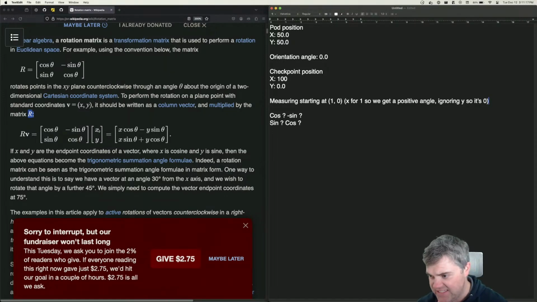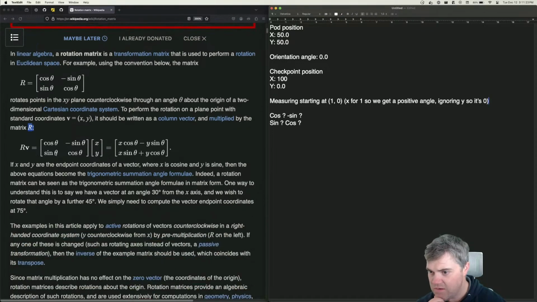Okay, so we're starting here with 1, 0. And that becomes this x and y here. What is this? Through angle theta? That's what my procedure is about. You start with 1, 0 and then use that Wikipedia formula to rotate it by the orientation angle to get the actual orientation vector on every tick.